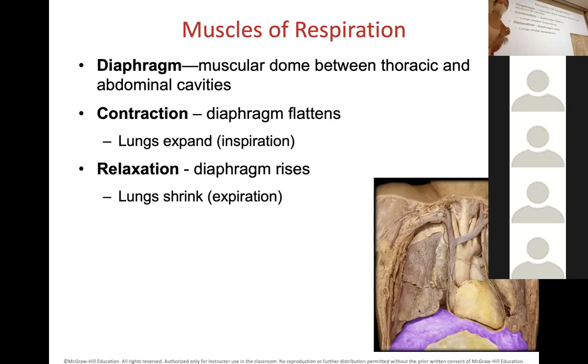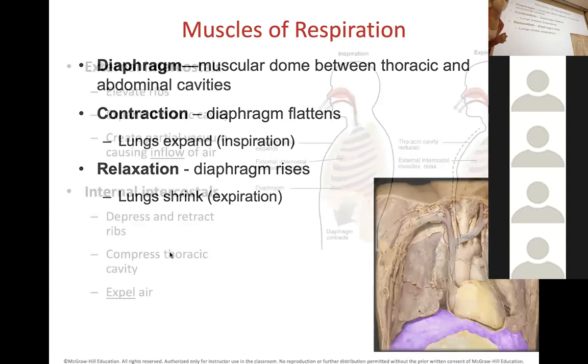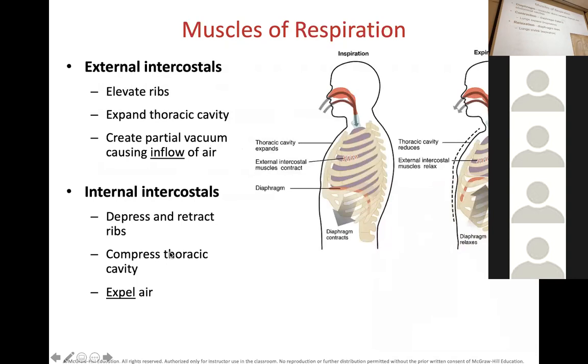All right, that's the diaphragm. And we also have those intercostals. The external and internal intercostals are going to do sort of the opposite action. The external intercostals are on the outside of the ribs. They're going to essentially elevate the ribs and expand the thoracic cavity.